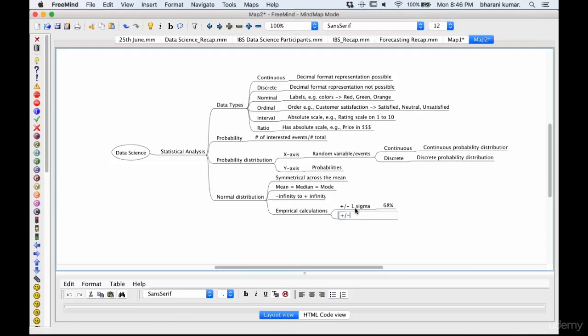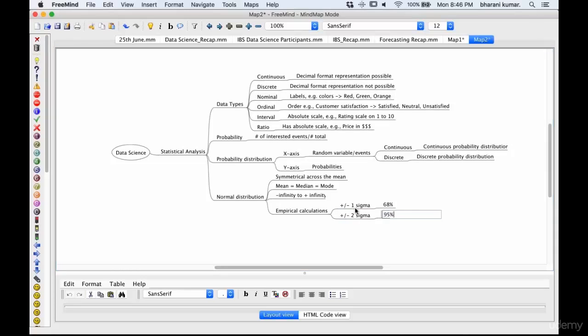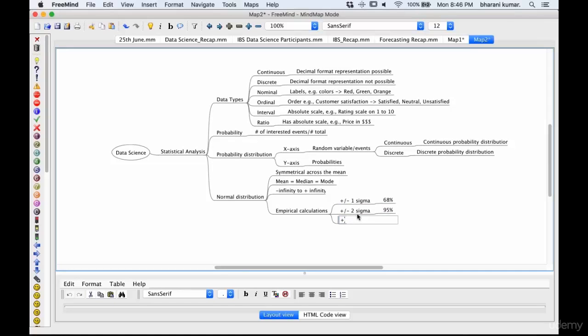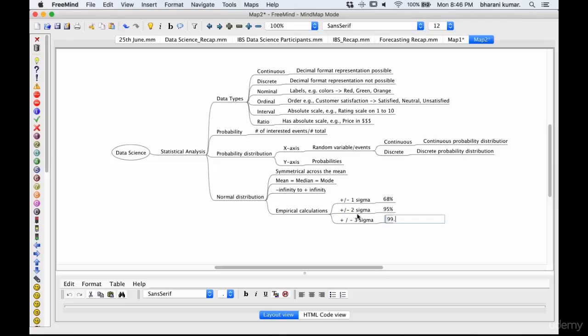If the data falls between plus minus 2 standard deviations, you'll have roughly 95% of the observations which meet customer requirements. If it's plus minus 3 sigma, then you'll have roughly 99.73% of observations which meet your customer requirements.